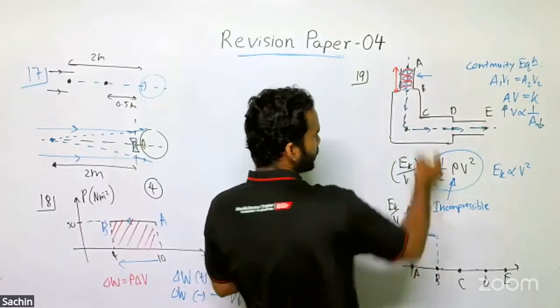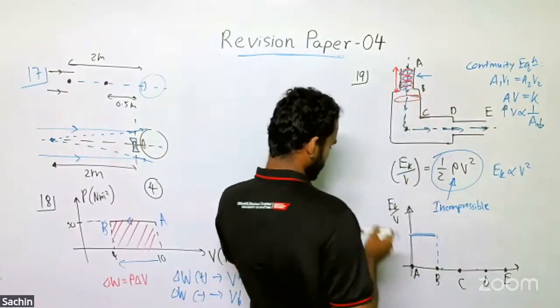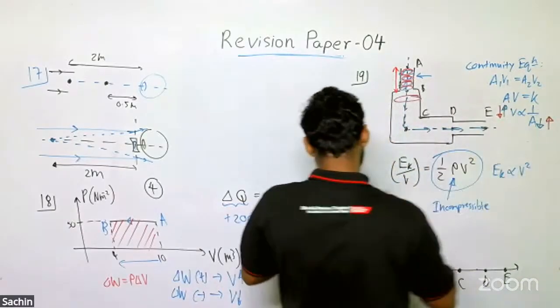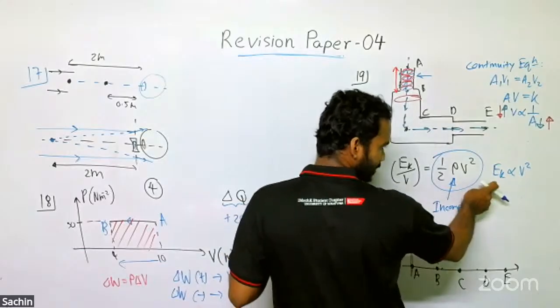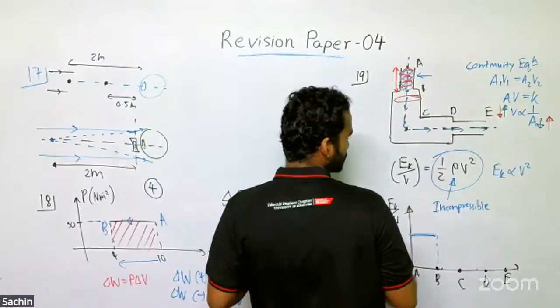So after B, you can see the cross section suddenly increases. Higher cross section means lower velocity. Again, lower velocity means lower kinetic energy per unit volume. Again, until point C, the cross section never changes.